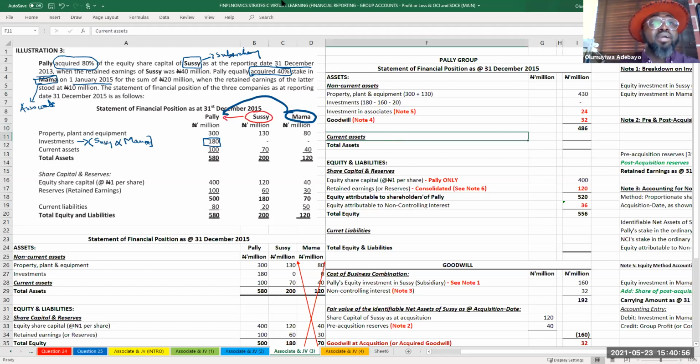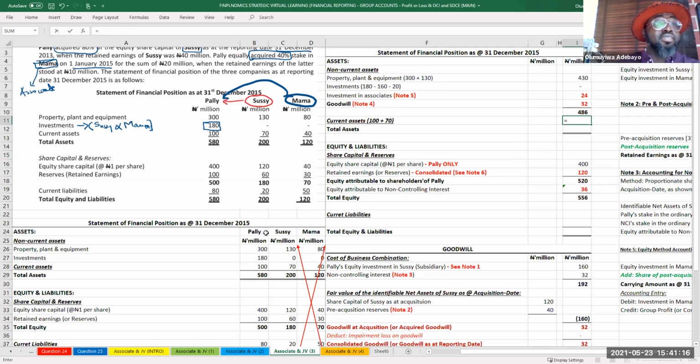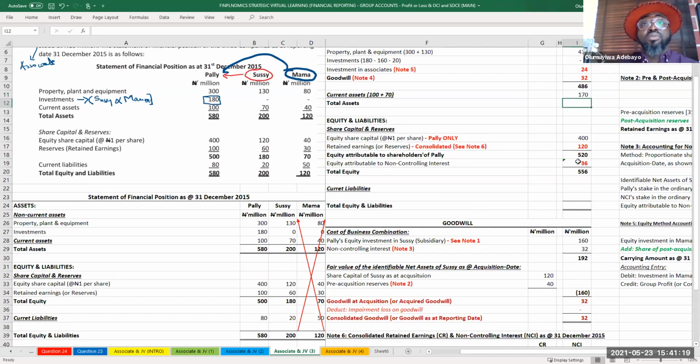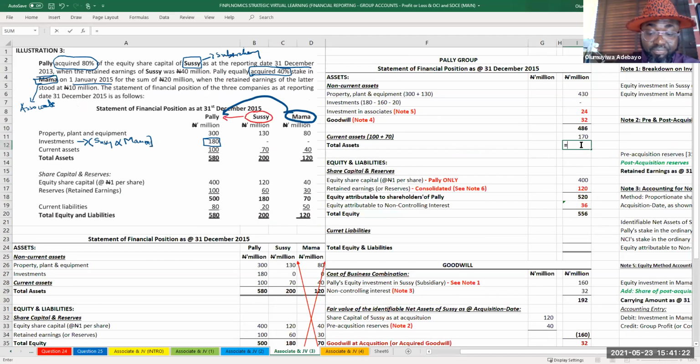Now, the sum of my non-current assets is 486. Now my current assets, I have 170, subject to adjustment if any, 170. That's 170. Okay, now my current liabilities.